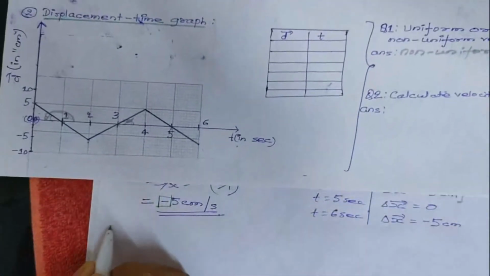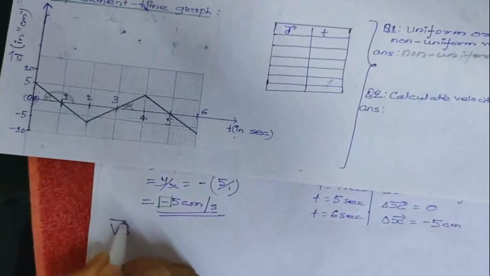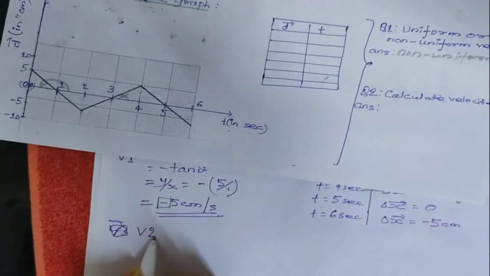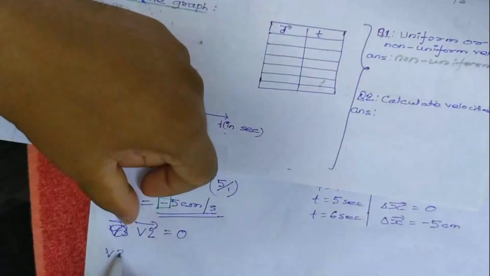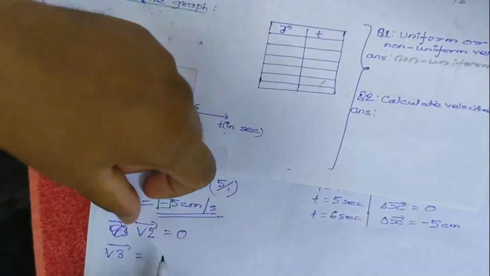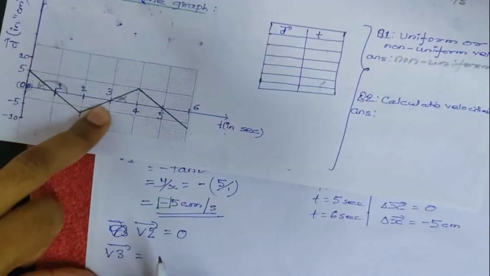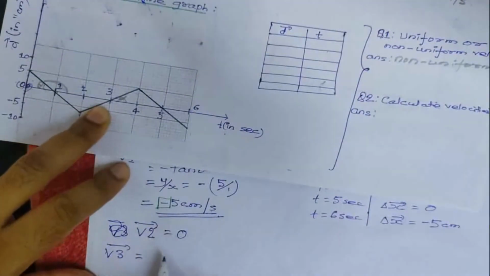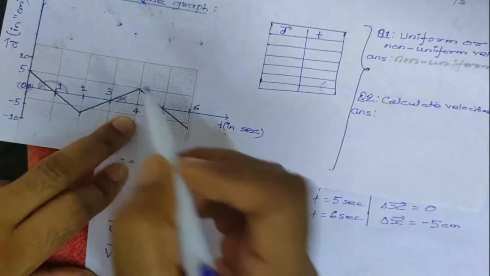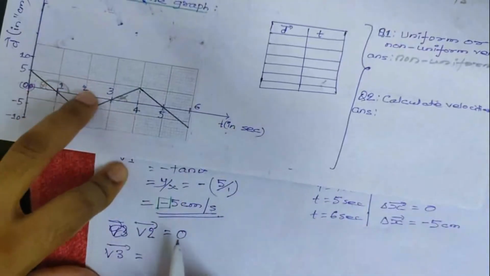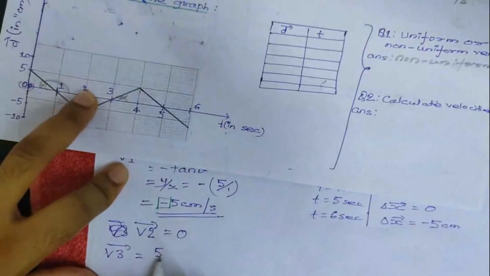So in this case, we're going to calculate, sorry, v2 is 0. You understand? And now we are going to calculate velocity at t equal to 3 second, third second. It will be like y by x. What is the value of y? Displacement 5, simple, 1.